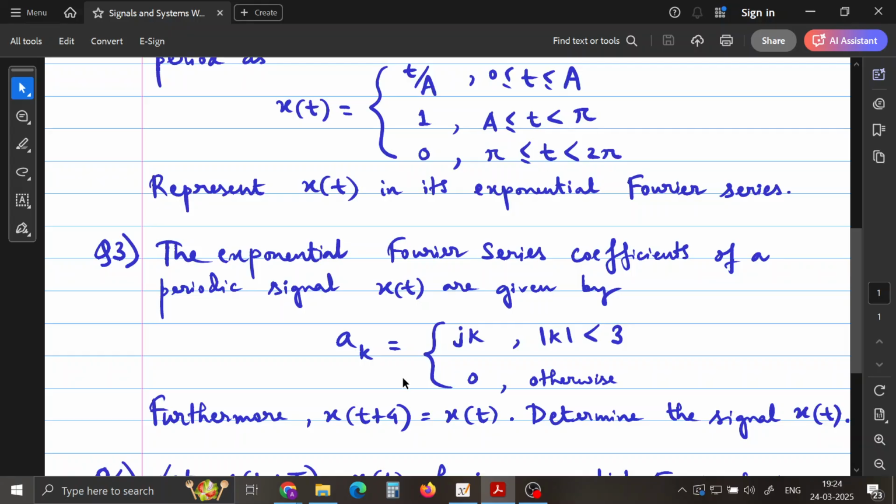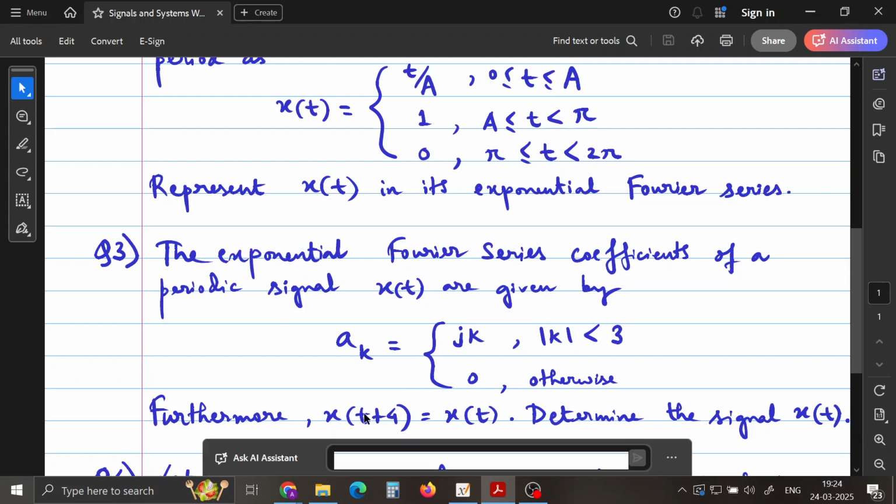So for these 5 indices, AK has the form J times K and it is 0 otherwise. So we just need to calculate these 5 coefficients to completely characterize our x of t signal.